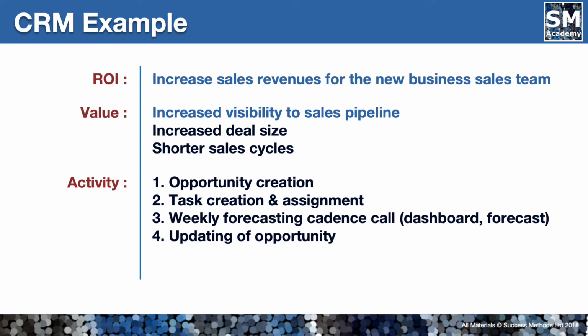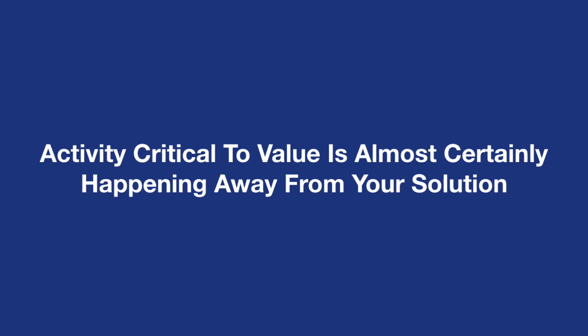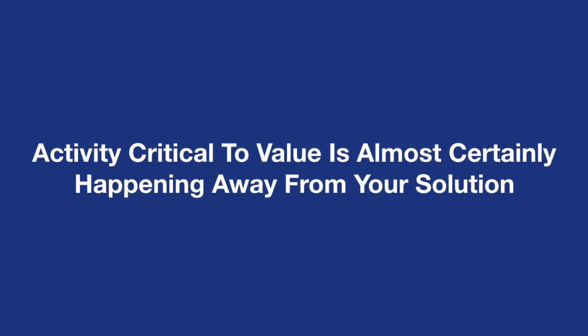And then those value outcomes will depend on the right engagement. So let's take the first of those. Let's look at improved visibility to the sales pipeline. And as you can see, in this case, we've got 4 things that we think contribute to that value outcome. What's notable here is that the weekly forecasting call may be the critical step in ensuring that that value is delivered. And this is something that doesn't really happen on the CRM solution.